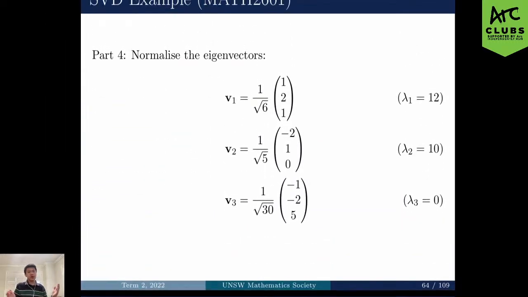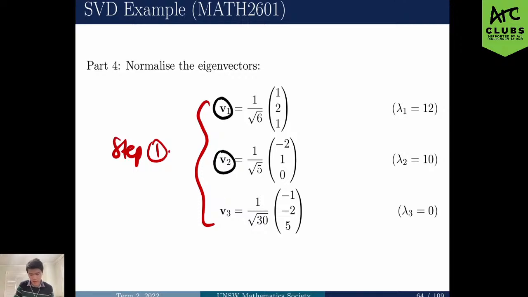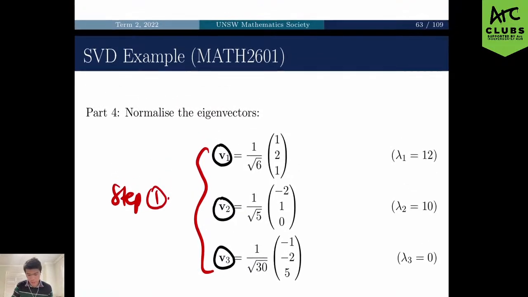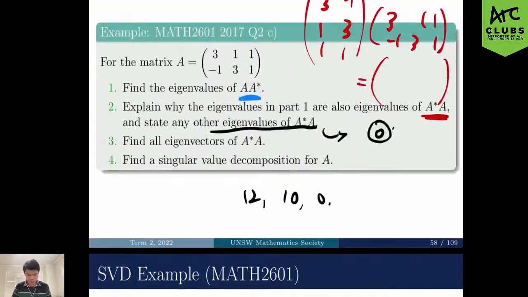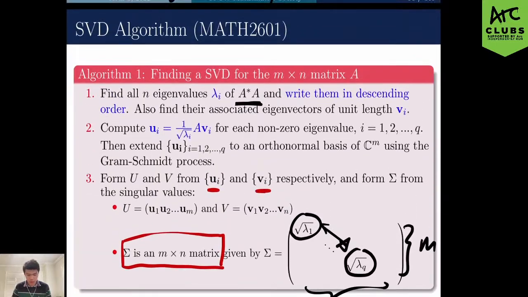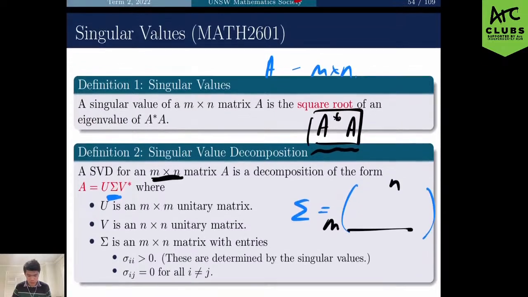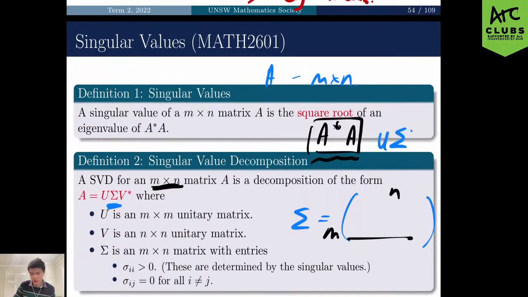Okay, so you can read through this in your own time, but then part 4 is actually doing the singular value decomposition. In that case, you normalize the eigenvectors. That's step 1. Right? And once you've normalized, you've got already the columns for V. Right? Because remember, the formula for our SVD, let's just go back here, is equal to U sigma V transpose.